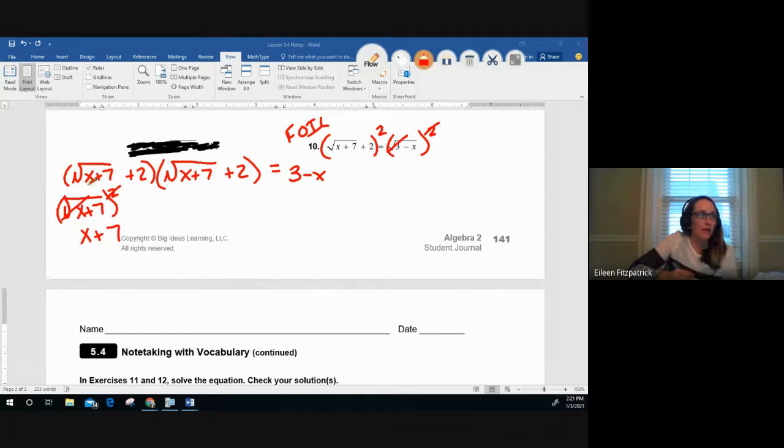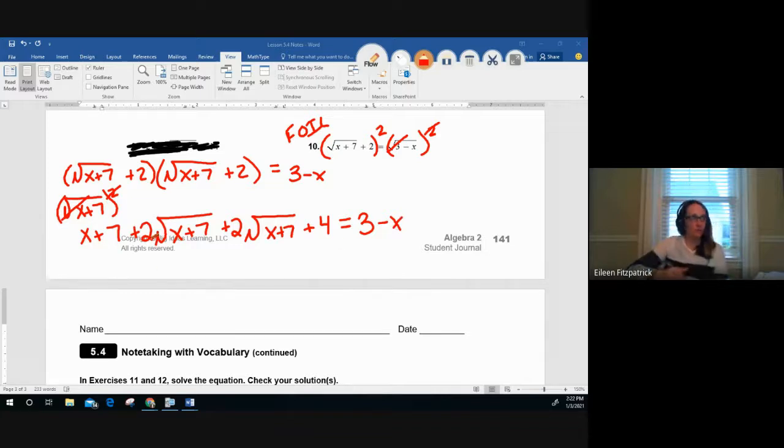And then you have the square root of x plus 7 times 2. So that's going to be plus 2 root x plus 7. And then 2 times root x plus 7 is going to be another 2 times root x plus 7. And then 2 times 2 is a 4. Okay, so I know it's a little bit more challenging to FOIL than our typical, but think about it for a second and you'll figure it out.